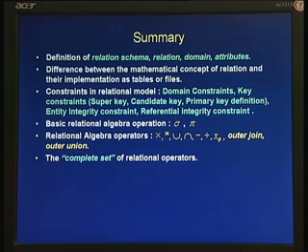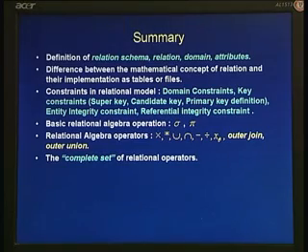We also saw the basic relational algebra retrieval operations, that is select and project and so on, and set theoretic operations on relations, and also how these set theoretic operations change when we relax the notion of a relation from being a set of tuples to a bag of tuples, when we can allow for duplicates.